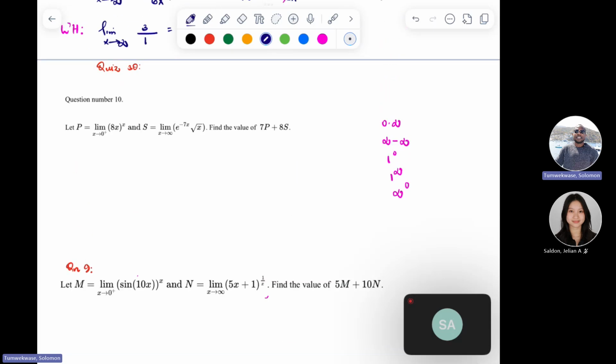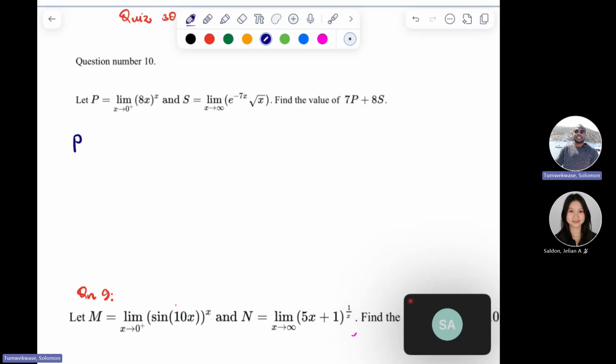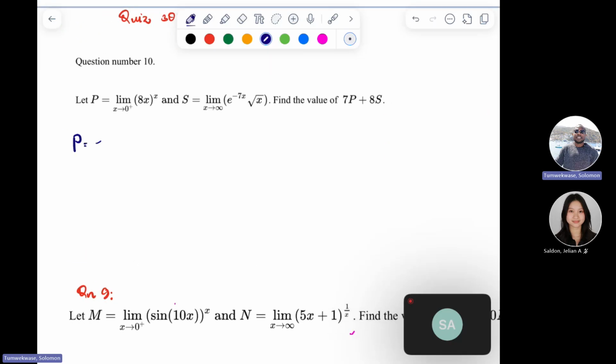In question 10, we have P as that limit, we have S as that limit, and we want to find the value of 7P plus 8S. So we first need to determine P, which is the limit as x approaches 0 from the right of 8x to the power x.